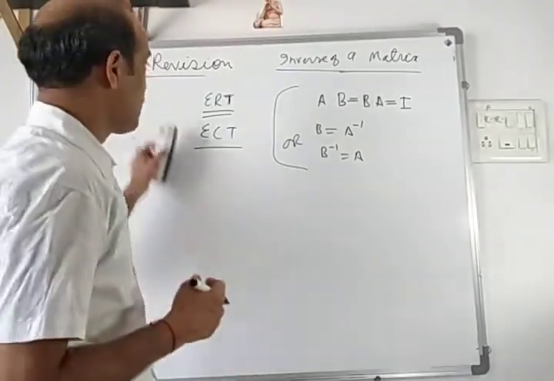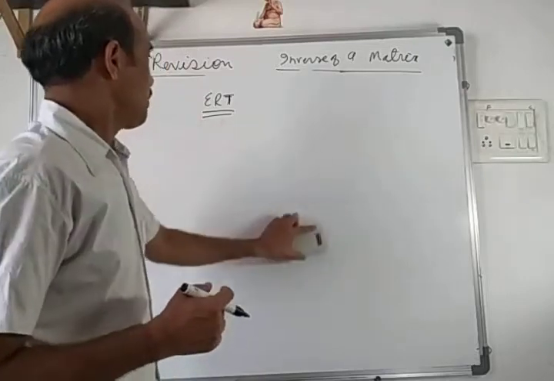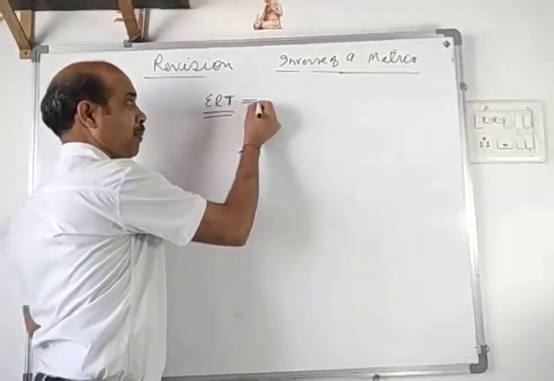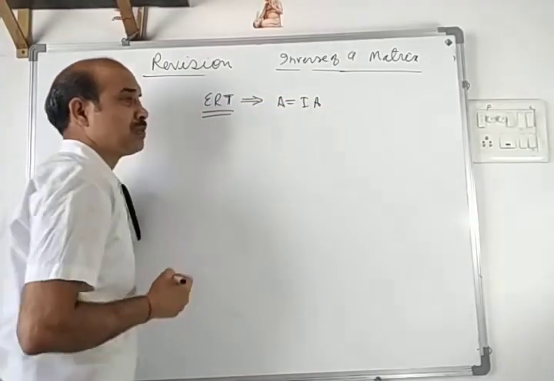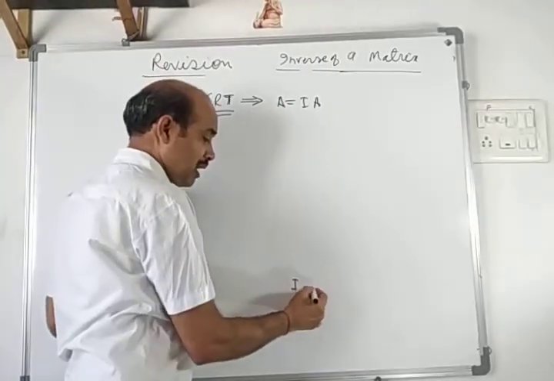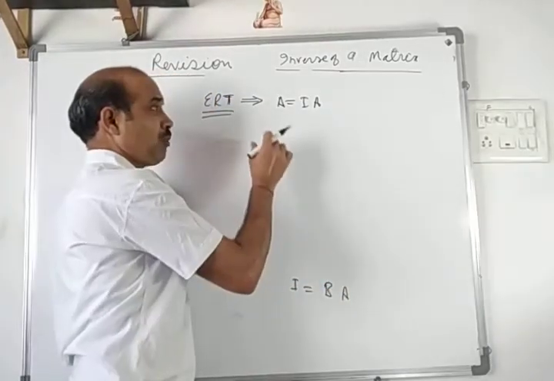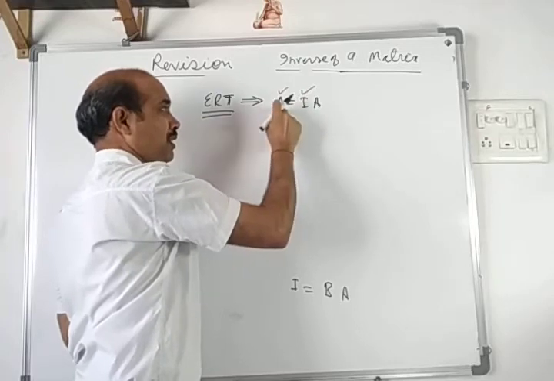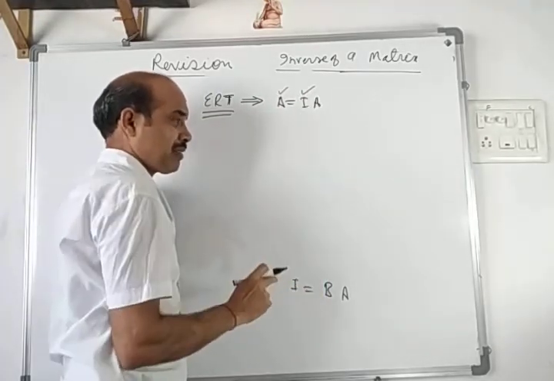Now when you are applying elementary row transformation, A will be written as IA and we will change it as I equal to BA. So the main objective is we will do some operations on these two. This A will become identity matrix and this will become any other matrix.